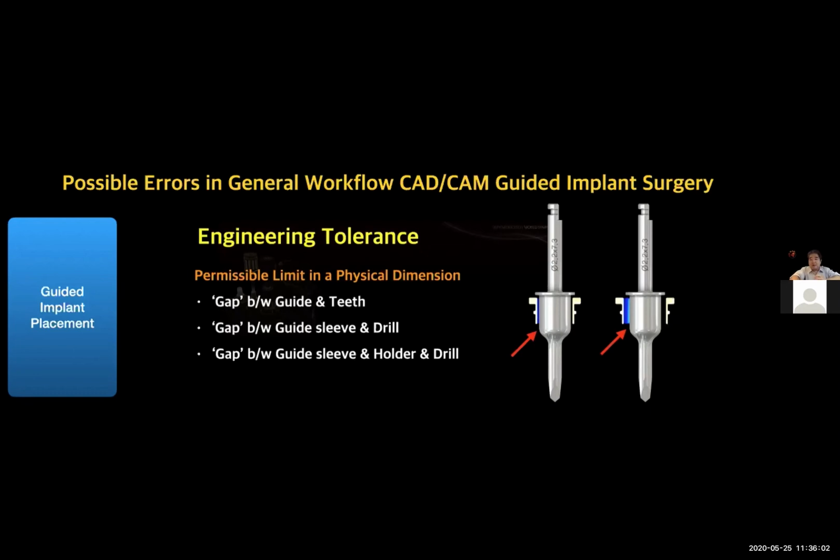But when you have a large tolerance, the good thing is it is easy to go through, so you don't have to worry about the very narrow path of insertion. It's very convenient, and the manufacturer doesn't have to pay too much attention to quality control. However, the main issue is this.